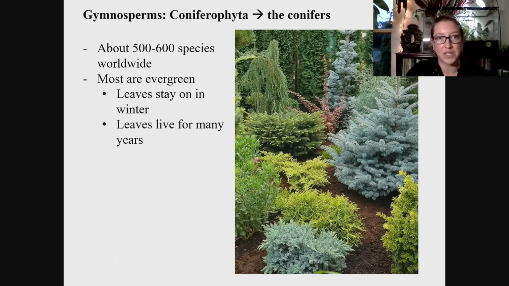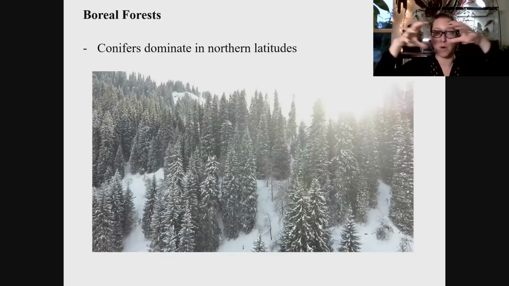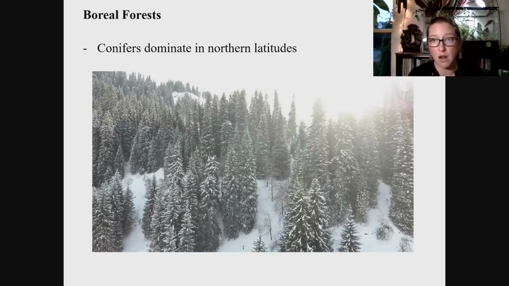So there's about 500, 600 species worldwide, and most of them have leaves that stay on year round or are evergreen. And the leaves live for several years and then eventually get replaced. Conifers dominate the northern latitudes. There's these boreal forests that are in the northern part of the globe, and that's where those areas are mostly conifers.